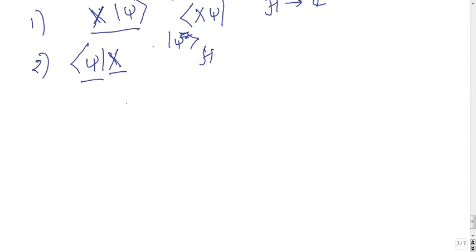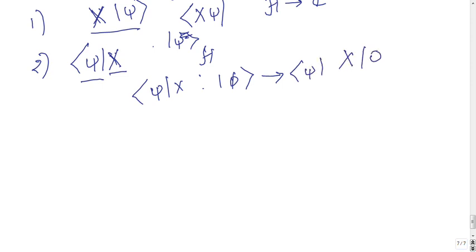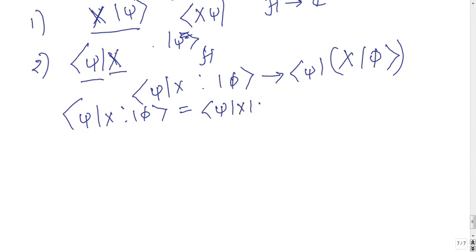So this thing ⟨ξ|X, on applying it to a vector φ, where φ is any vector taken from the Hilbert space H, is equal to ⟨ξ|X φ⟩. So this is a complex number.